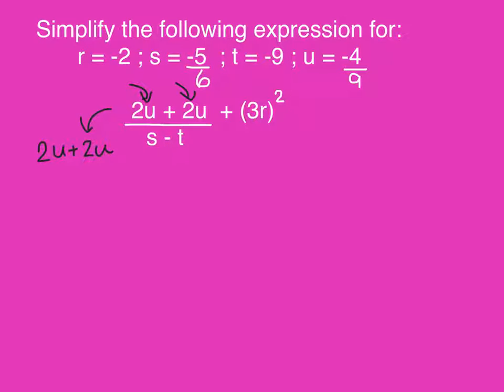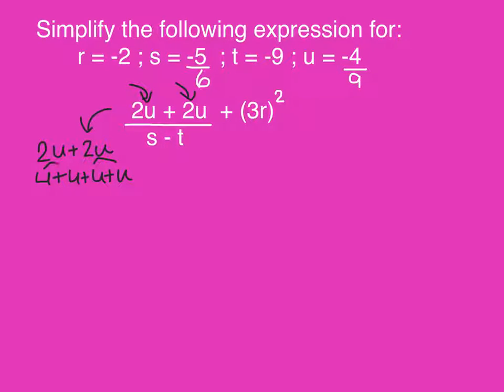So in the same form, we think about that the same way. That's 2 times whatever u is, plus 2 times whatever u is. So because it's like that, it really means u plus u plus u plus u.